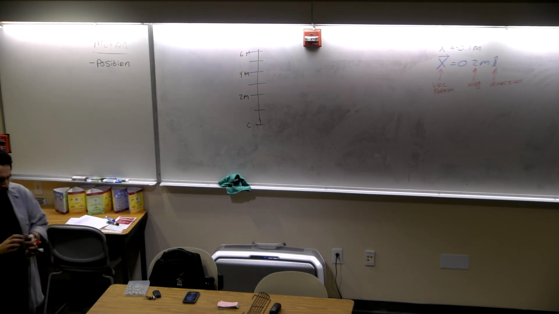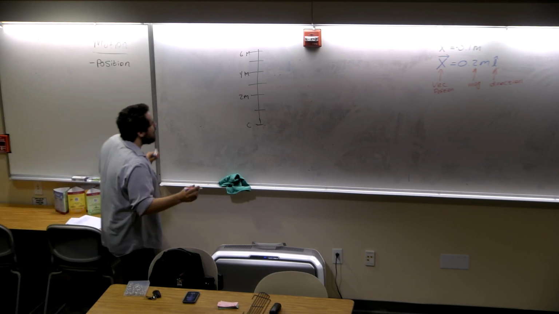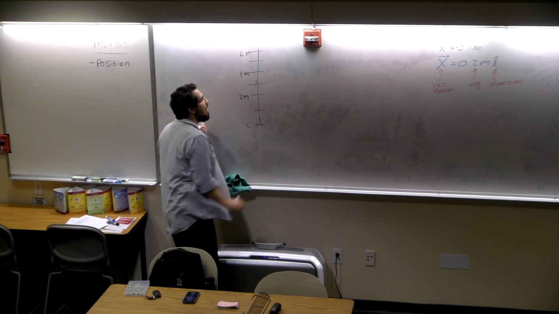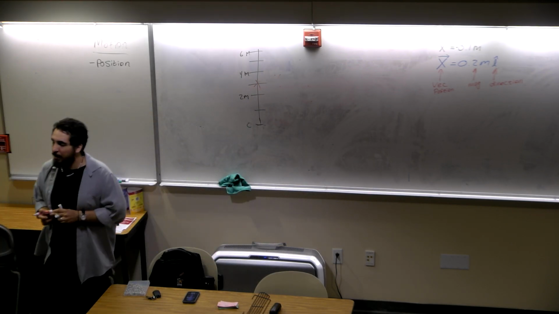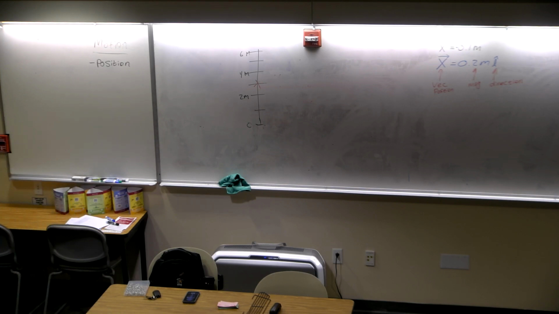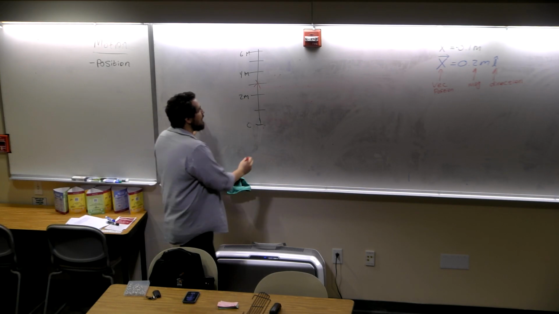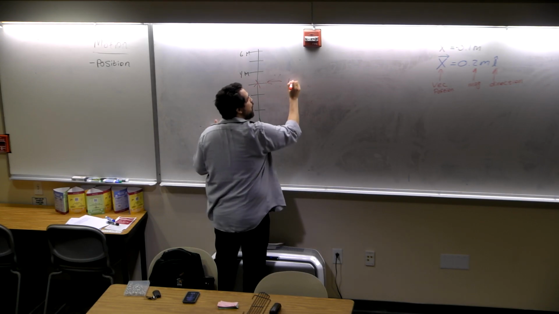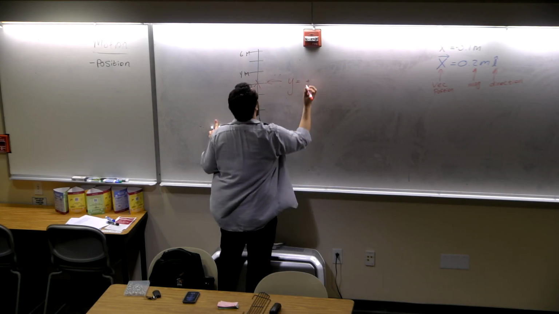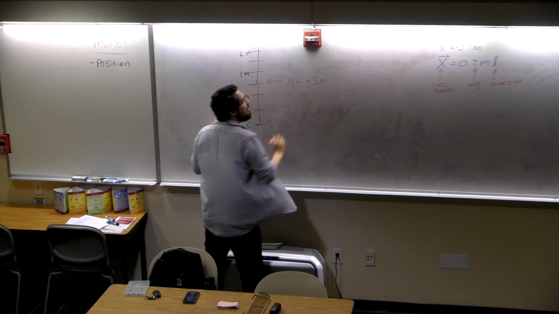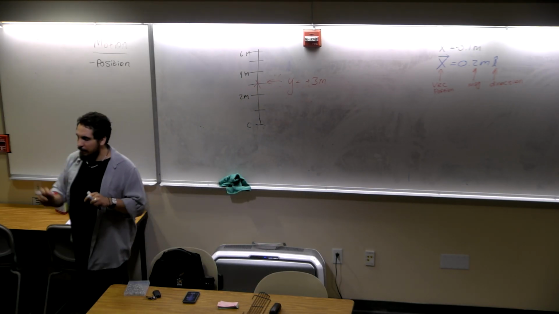We can look at this and say, well, positive 3 meters, this is something that has a magnitude of 3 meters, positive meaning a direction, and we can be explicit about the fact that this is vertical in its quantity by saying it's 3 meters in the j hat direction.